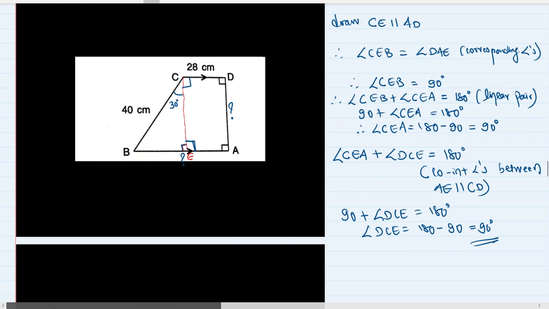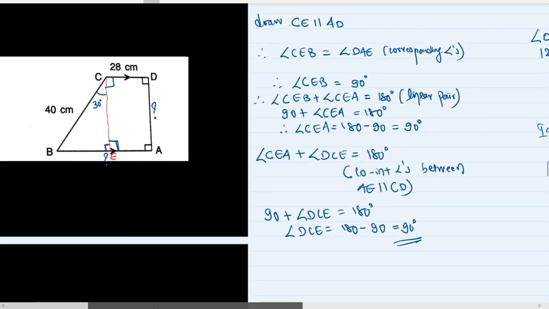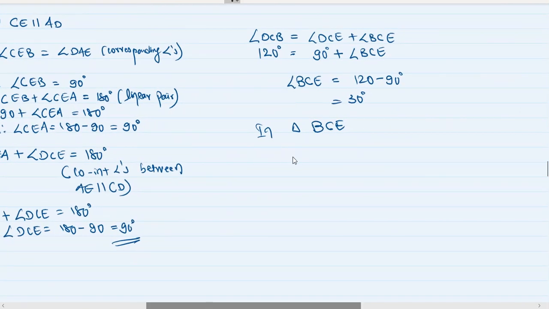Tan 30 degrees is equal to opposite upon adjacent.